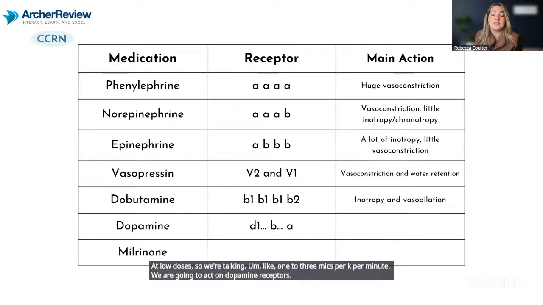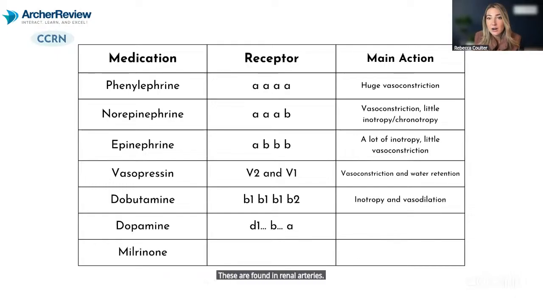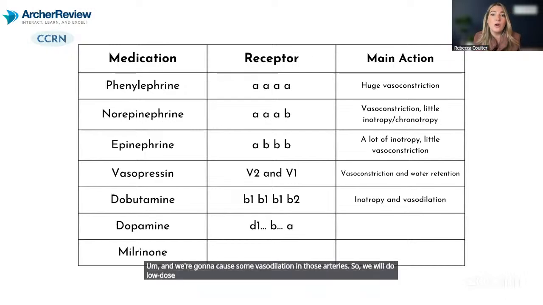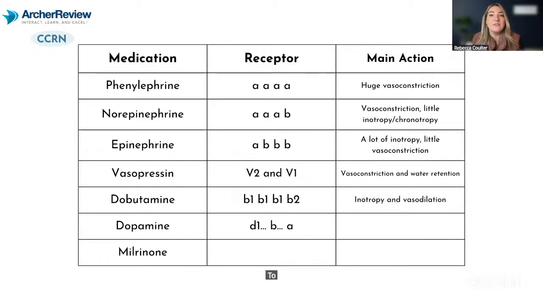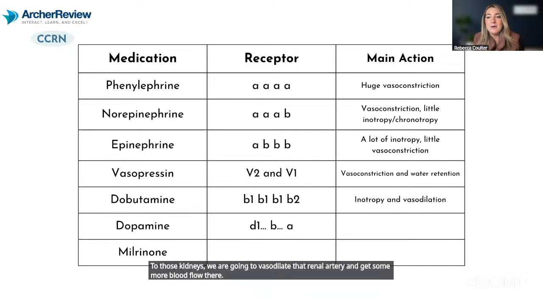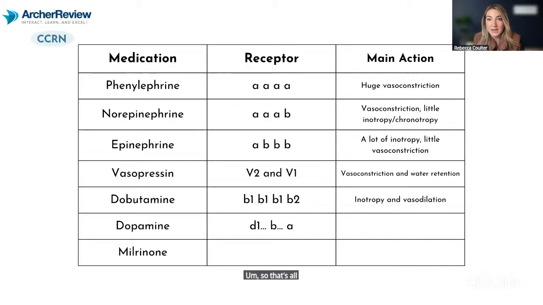These are found in renal arteries, mesenteric arteries, and cerebral beds, and we're going to cause some vasodilation in those arteries. So we will do low dose dopamine for renal failure patients that we're trying to increase some blood flow to those kidneys. We are going to vasodilate that renal artery and get some more blood flow there. That's all our dopamine receptors causing that, D1 receptors.